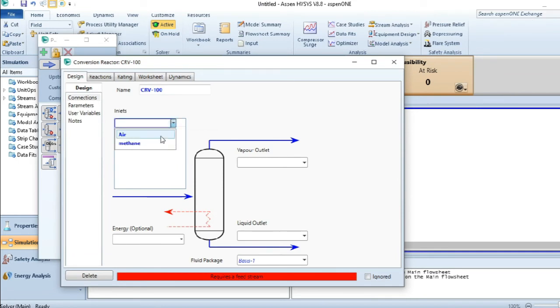My first stream is methane, the second stream is air. This is my vapour out. Let's give it a name, vapour 1. This is liquid 1.